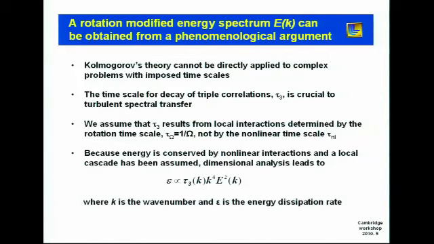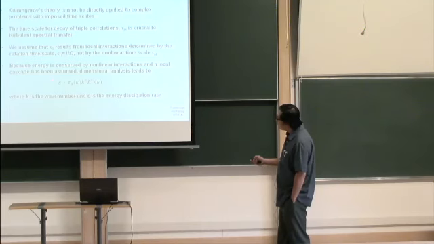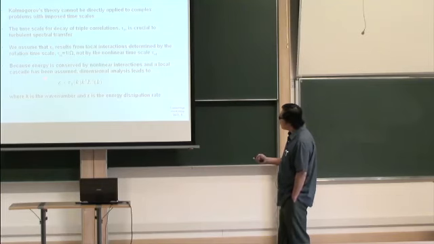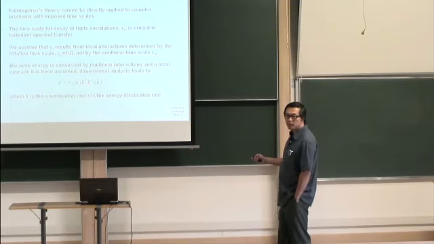Okay, so here is a dimensional analysis. You can easily write down epsilon, which is the energy flux transferred from the large scales to the small scales. This is given by the triple correlation time scale multiplied by the wave number to the fourth power and the energy spectrum to the second power.